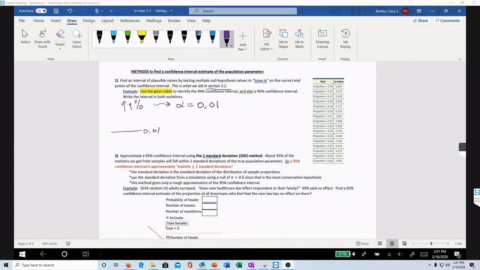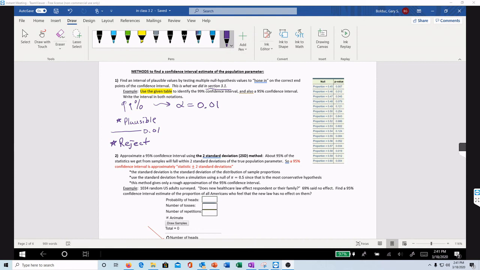If my p-value is up here, it's bigger, then that means plausible. If it's lower, down here, then that means I reject that null. So if my p-value is bigger than 0.01, I'm going to say, okay, maybe that could happen. I'm okay with that. If it's less than 0.01, I say, okay, well, that was enough evidence. Let's reject that null.